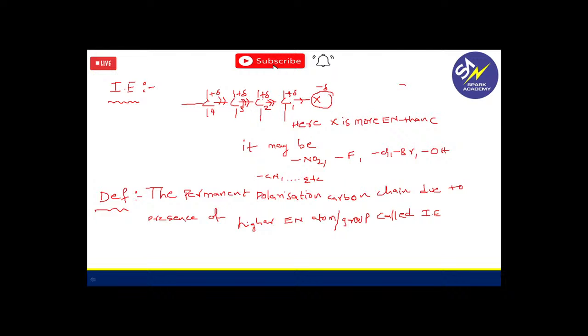Due to this reason, electronegativity of C1 increases and it attracts bond pair of electrons towards itself, then develops the positive charge on C2. In the same way, C2 develops the positive charge on C3, C3 develops the positive charge on C4. That is why polarization takes place in the chain. This is the permanent polarization of carbon chain due to the presence of more electronegative atom or group, called inductive effect.